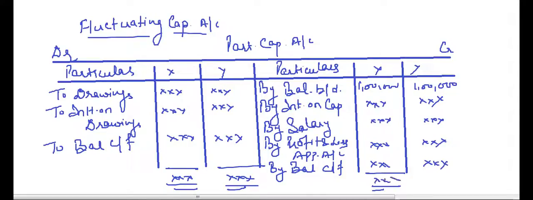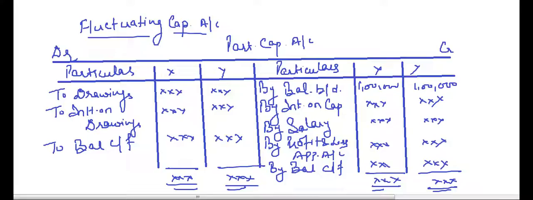See, one thing is very important in the exam. If it is not given whether it is a fixed capital or a fluctuating capital, you have to always assume that it is a fluctuating capital, because this method is easy to follow.